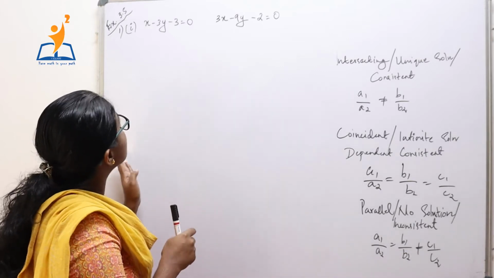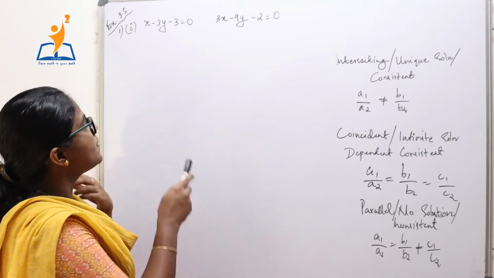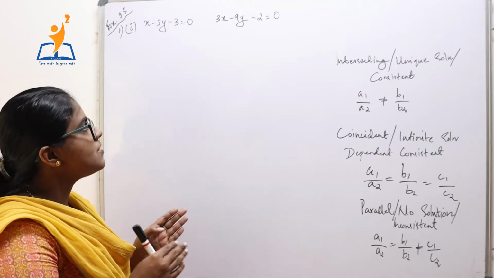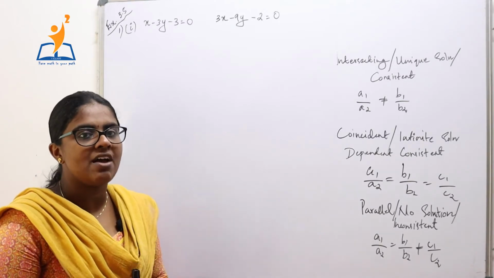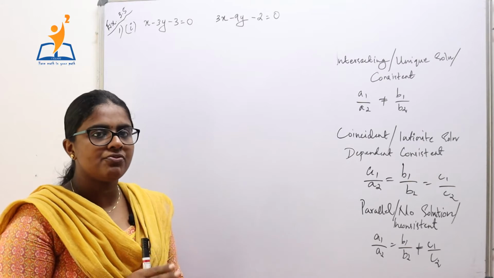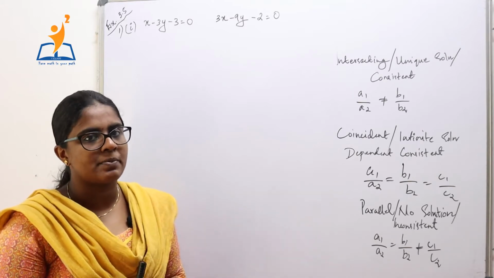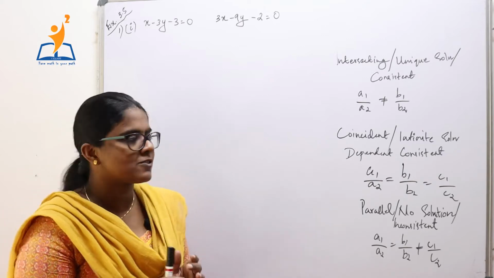And the first question among them is x minus 3y minus 3 equals to 0 and 3x minus 9y minus 2 is equal to 0. First of all, we have to check whether these equations have a solution or not. If they have a unique solution, we will go for the solution using cross multiplication method, and if there is no solution, we will move on to the next question.